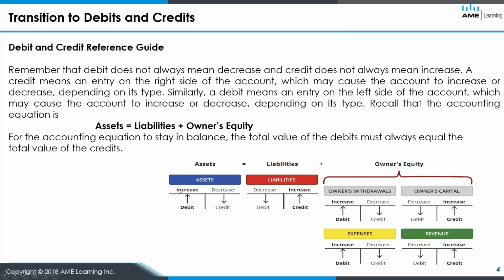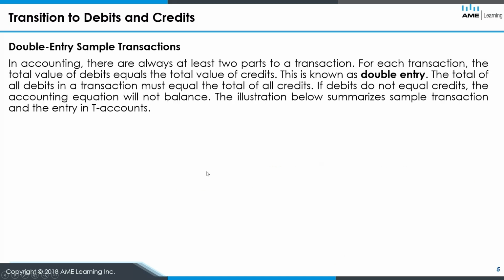Okay, so nothing new here in terms of how we're using the T accounts or anything. It's really just more of a terminology change, and coming to understand the concept of debit and credit. And again, just remember debit on the left, credit on the right, and that's really all that it means. But we do need to remember which left or right is an increase or decrease depending on what type of account we're talking about.